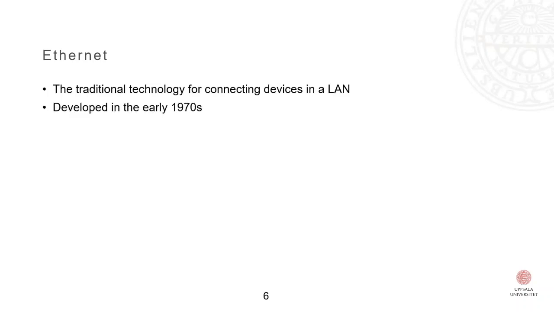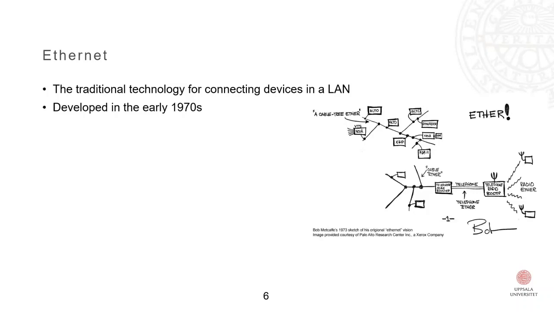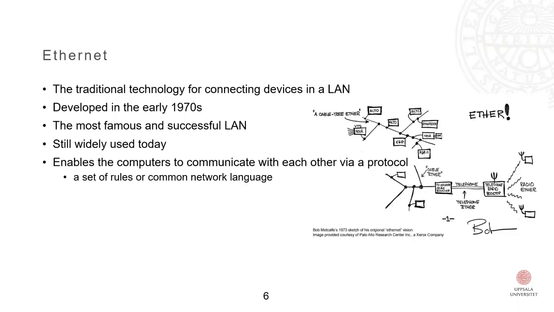And it was developed in the 1970s. You can see here in this picture an original sketch of Ethernet that its inventor drew. And it became the most famous and successful technology for LANs, and it is even used today.